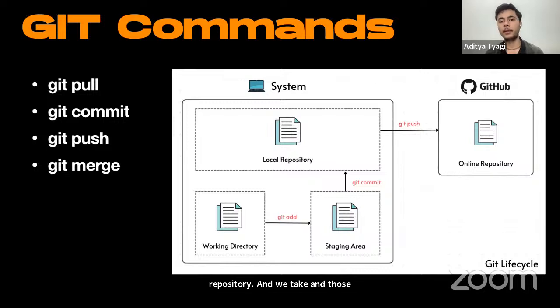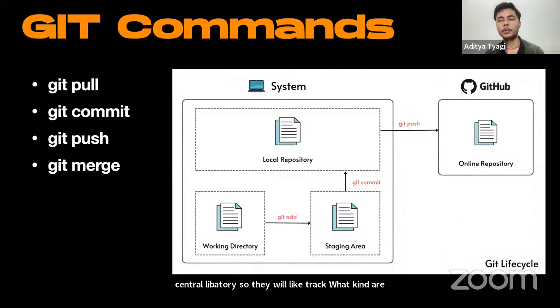Then we make some commits. We add our own code, whatever we are working on, make the changes, and then commit them. Commit means those changes are saved in our system, and these commits are tracked by the central repository, which tracks what commits are happening in which repository and which branch.